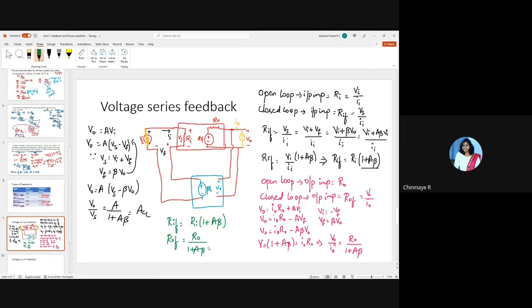And as in the case of a voltage amplifier, you need the input impedance to be very high and the output impedance to be very low. So this is enhancing, right? So it's increasing the input impedance by a factor 1 plus A beta and decreasing the output impedance by a factor 1 plus A beta, which will further improve the efficiency, the linearity of the amplifier.